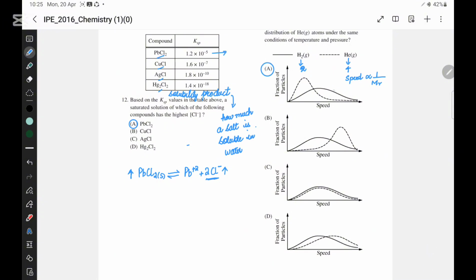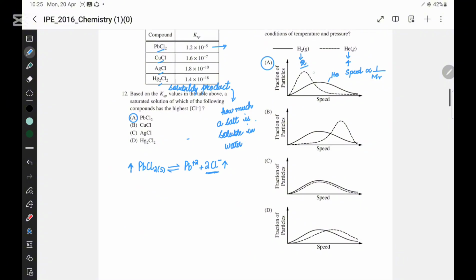Because this represents helium, but when the mass is reduced, then the speed needs to be increased. So this is going to be the speed of hydrogen that has been increased as the molar mass becomes 2 there.